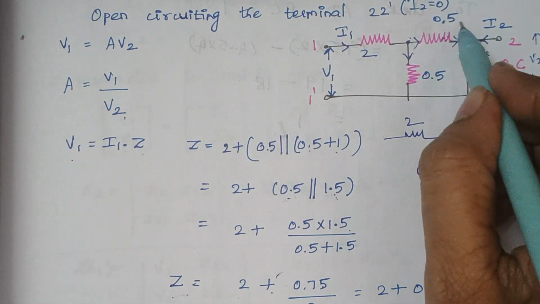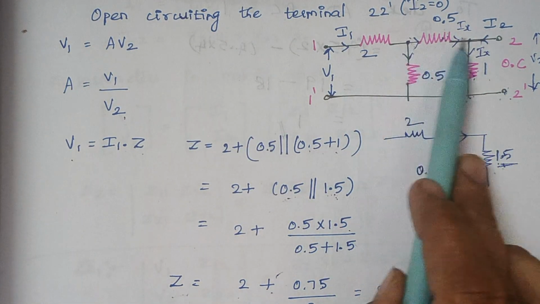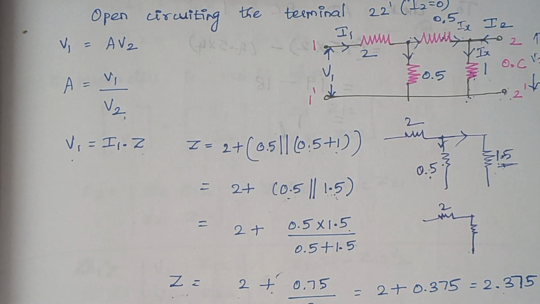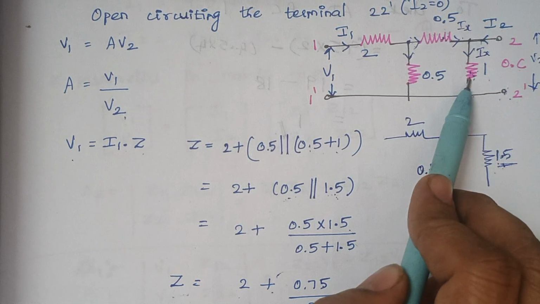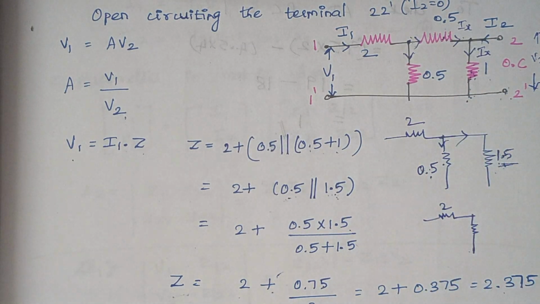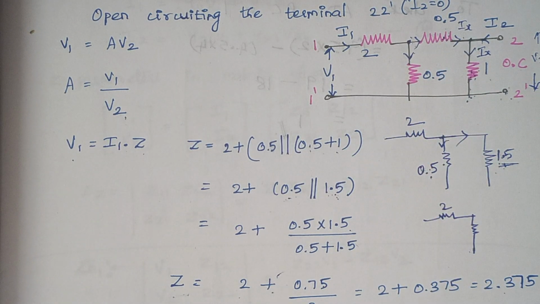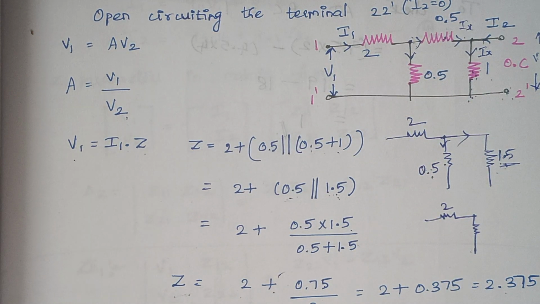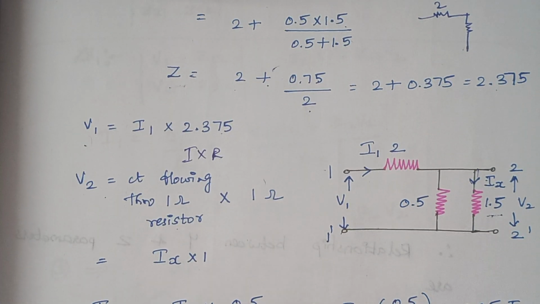Similarly, the same current flows through this 0.5 ohm. Why? Because these two resistors are connected in series. In order to make our calculation easier, I have combined these two resistors together, because it will be easy to find the value of the current. Or else if you have 3 resistors like this, it will be a bit confusing. So what is V2? V2 is nothing but Ix into 1. This is what I had written here.